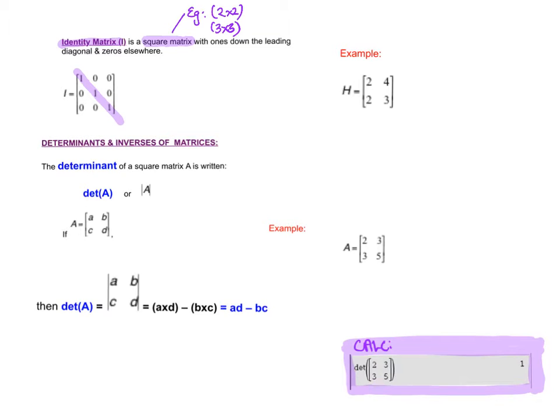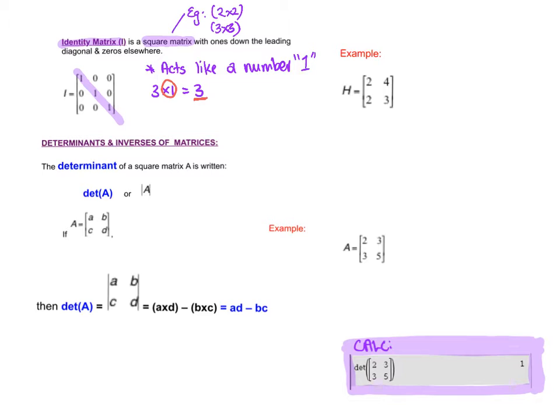Okay, now an identity matrix, it sort of acts like a number one. What I mean by that, if you times 3 by 1, you get 3, don't you? Can you see that when you times something by 1, you get the same thing? Yes?